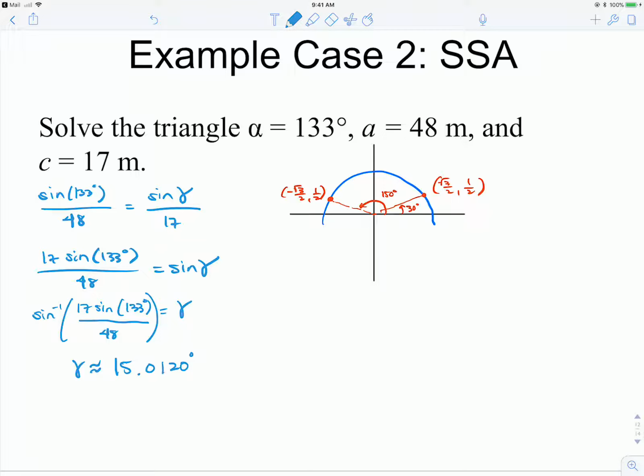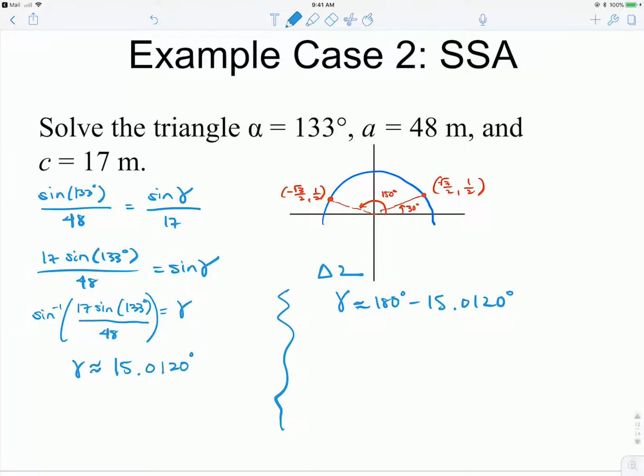But if it did have an obtuse angle that we were solving for, we could test for a second triangle by finding the angle gamma. So this is attempting to find a second triangle. So finding gamma for triangle 2, that's supplementary to 15.0120 degrees.